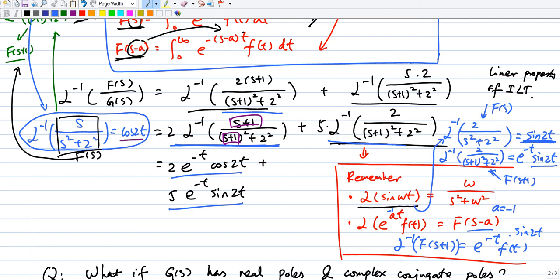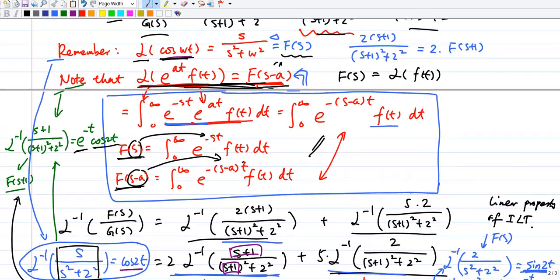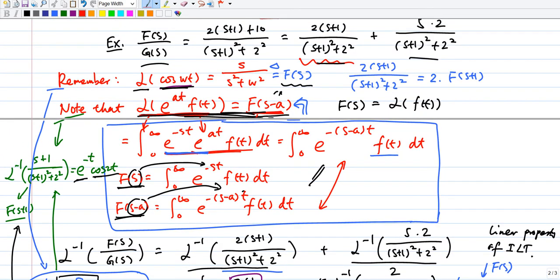One thing I want to emphasize over here is the relation between the inverse Laplace transform and the Laplace transform. This means L inverse of s over s squared plus w squared is cosine wt. That's equivalent to this statement.